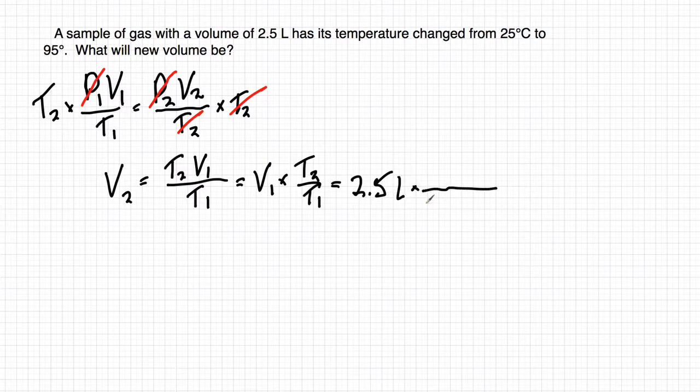And the starting temperature is 25 degrees Celsius, so we're going to convert that to Kelvin, and that's 298 K, adding 273 to that, and the ending temperature is going to be 368 K. And go ahead and cancel our units, and you'll notice that the only unit that we have left standing is the liter unit, so that is the unit that we want. And we're allowed two significant figures in this problem, and so what I get is 3.9 liters.